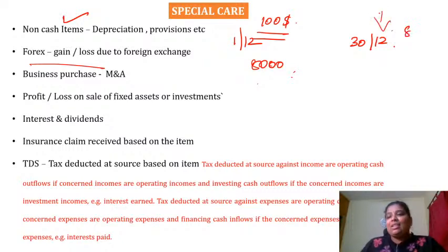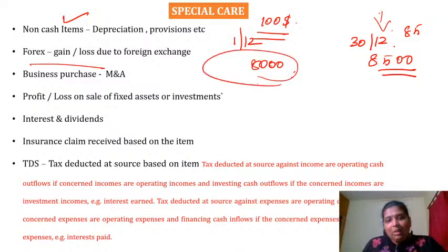On that day the exchange rate was 85, so 8,500 rupees would have been credited. But guys, I have made a sale only to an extent of 8k. 500 is an extra I am receiving. So this is because of what? Forex.